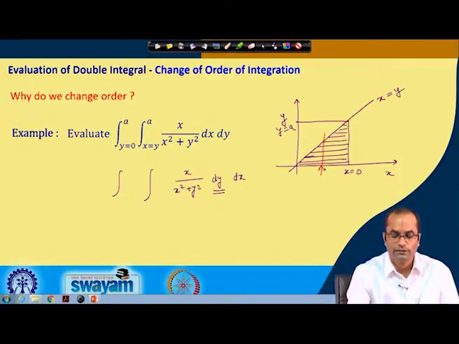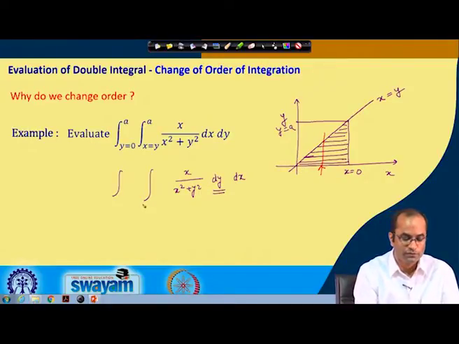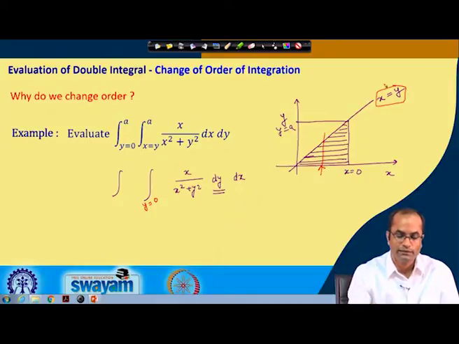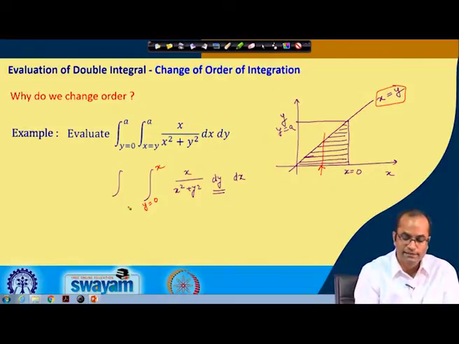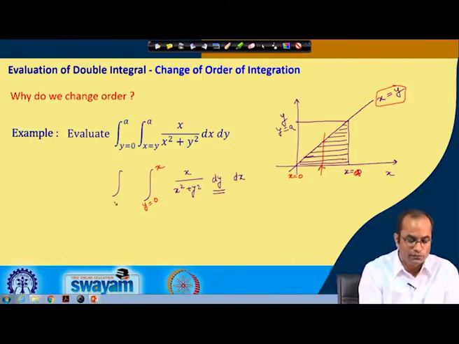For covering the whole domain, it is entering at y is equal to 0, and it is leaving the domain exactly at this line where y is equal to x. So, from y is equal to 0 to y is equal to x, and the limit for x will be from x is equal to 0 to x is equal to a.